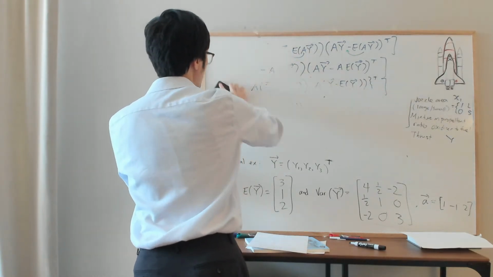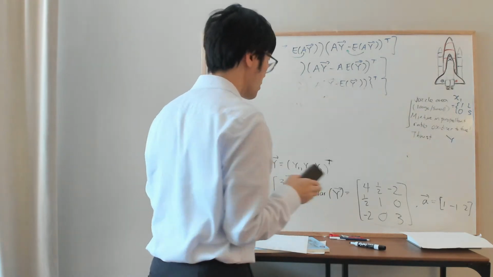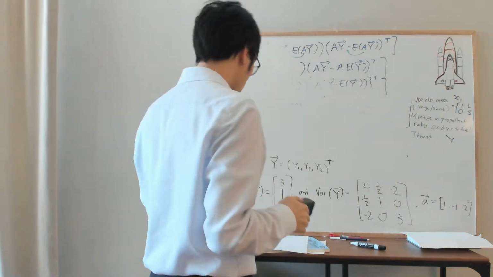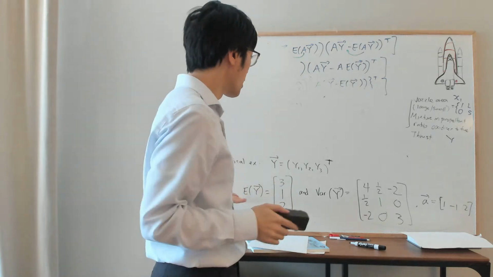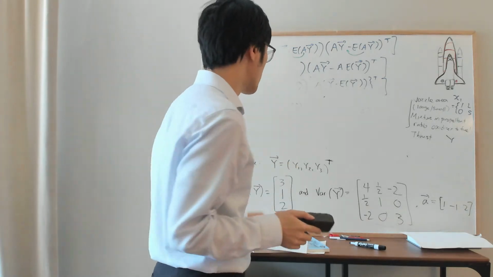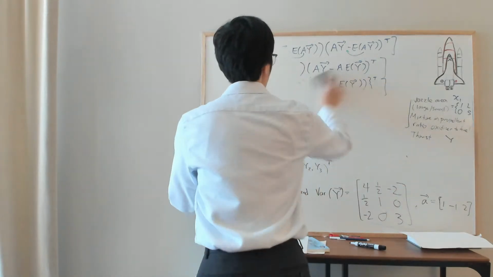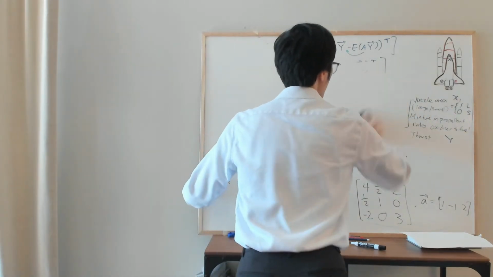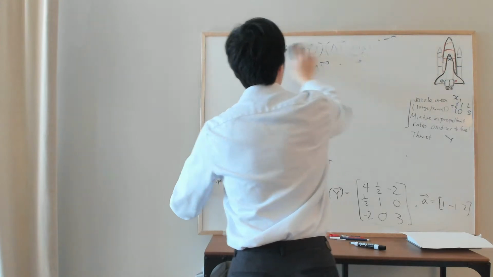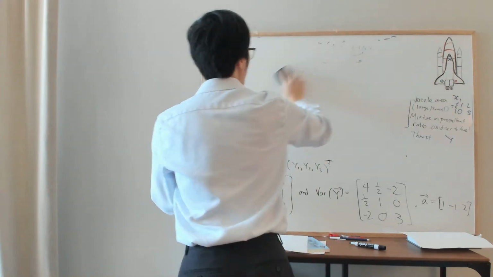Okay, so this exercise here is pretty straightforward. We're just going to start by computing the mean vector and covariance matrix when we apply a vector, and then we also apply a matrix.